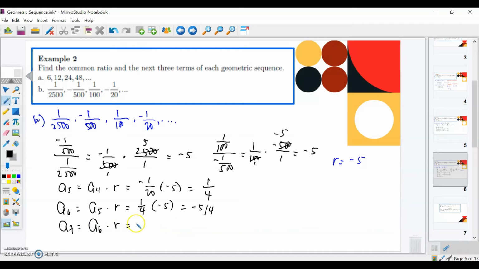A sub 6 is equal to negative 5 over 4. We multiply this by negative 5. Then this is equal to positive 25 over 4. So the next three terms of this sequence are 1/4, negative 5 over 4, and 25 over 4.